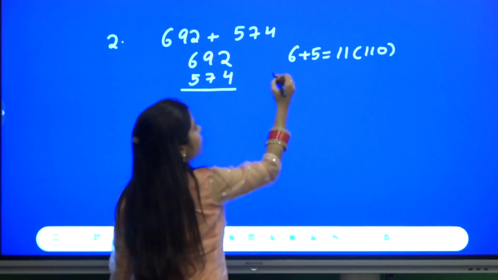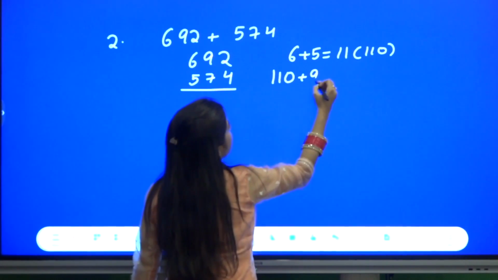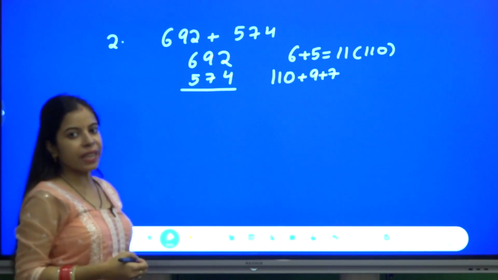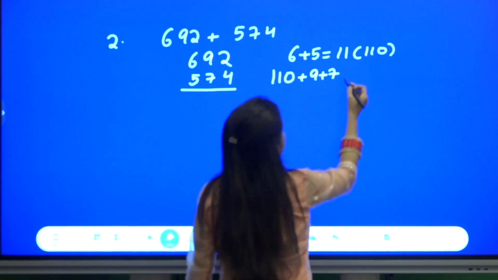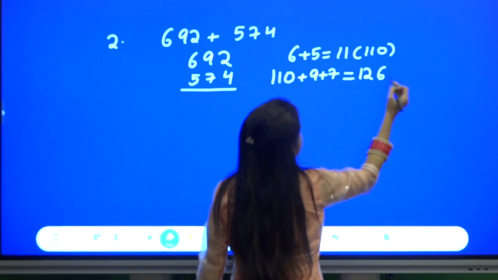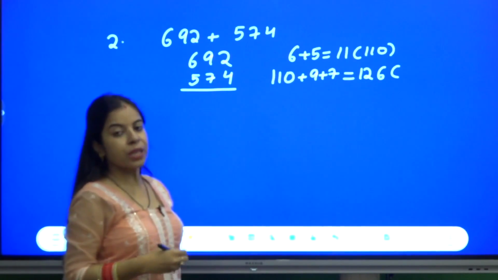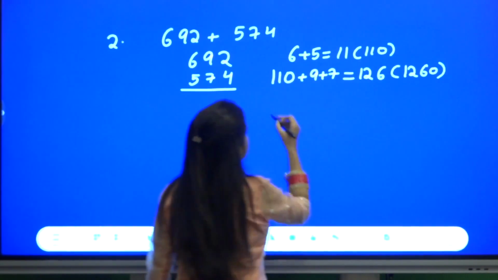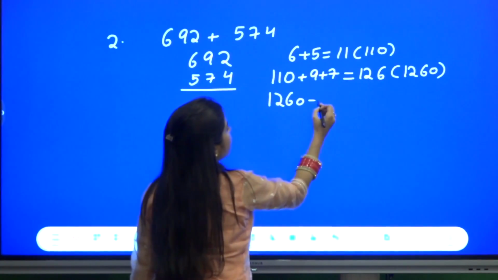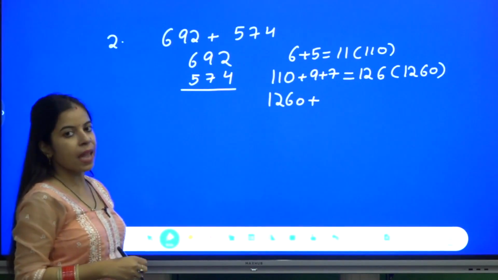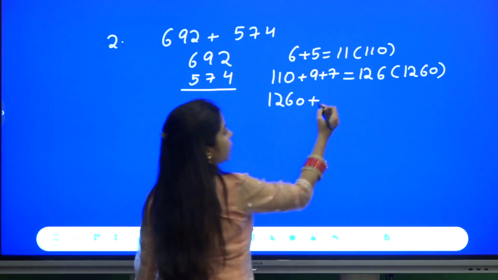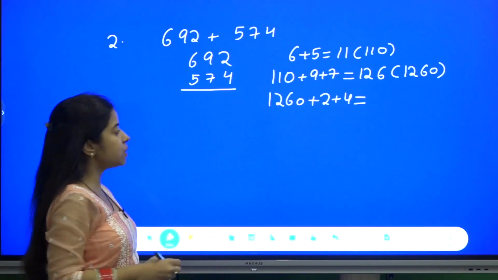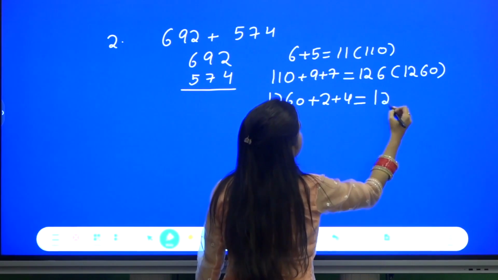Next we are going to add 110 to 9 plus 7, that is the numbers that are present in the next column, and this will become 126. Again we are going to put 0 after 6 and this will become 1260. And we are going to add the numbers in the next column, that is 2 plus 4 to 1260 and so the final answer will be 1266.